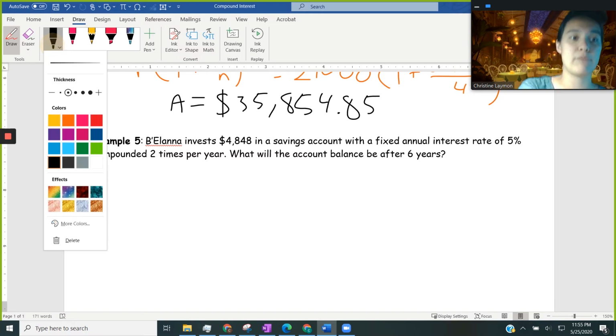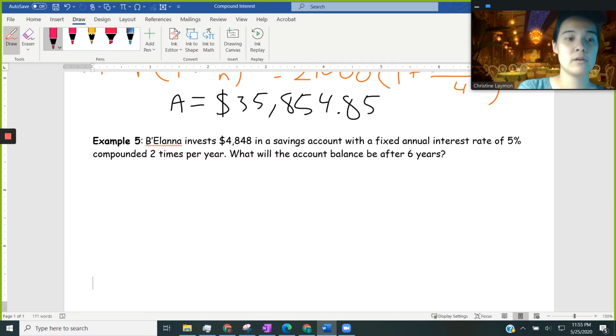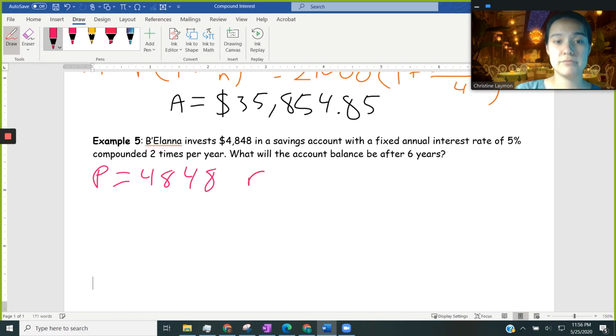Well, let's go ahead and break down what we've got. So, we've been given the principal. So, 4848. We know the interest rate. That 5% becomes 0.05. 2 times per year, so that N equals 2.